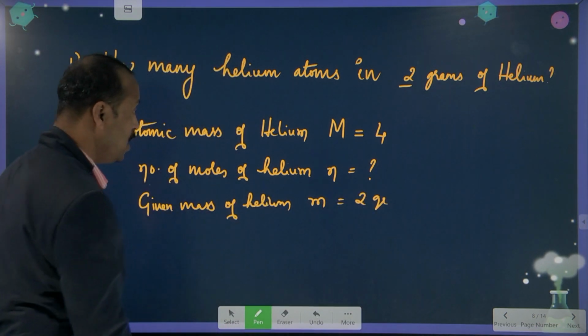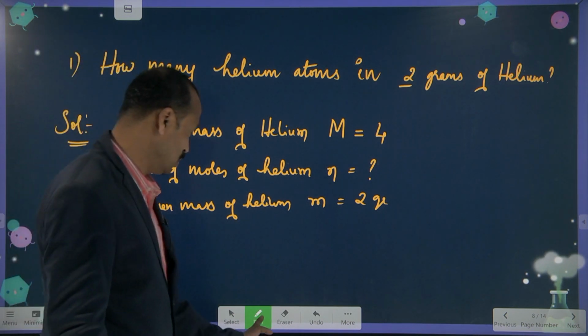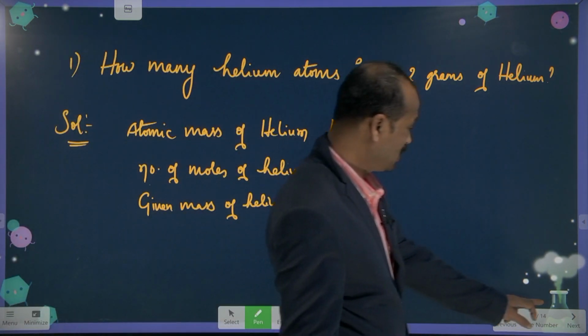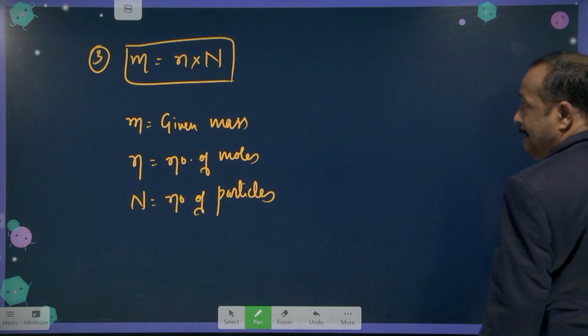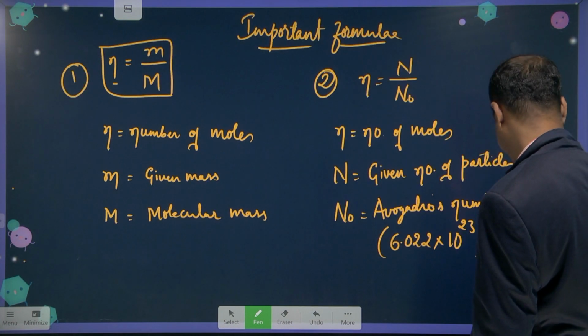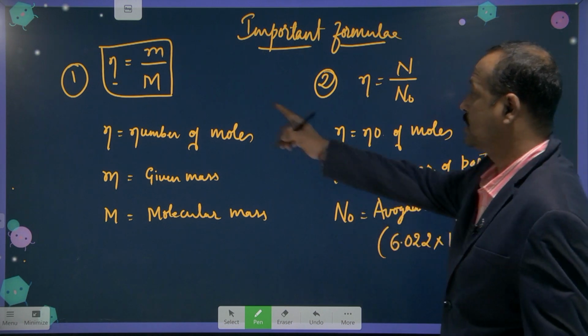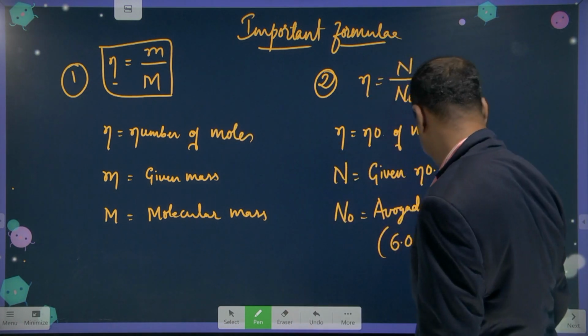Okay. Now first you need to calculate the number of moles. So for number of moles, what's the formula? Here you see n is equal to small m by capital M. Okay.